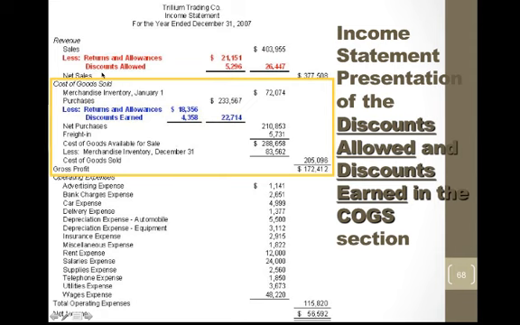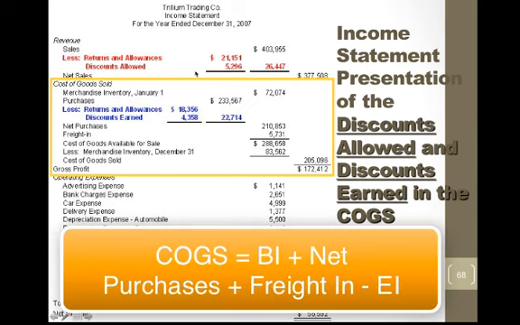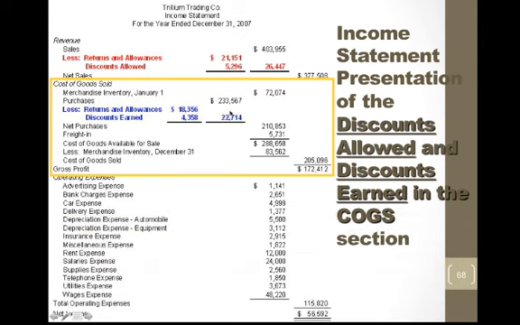And again, here is your cost of goods sold section. So our formula for cost of goods sold is beginning inventory plus net purchases plus freight in minus ending inventory gives you your cost of goods sold. But because we have discounts and returns here, we have to do some math whereby we're going to move things over.